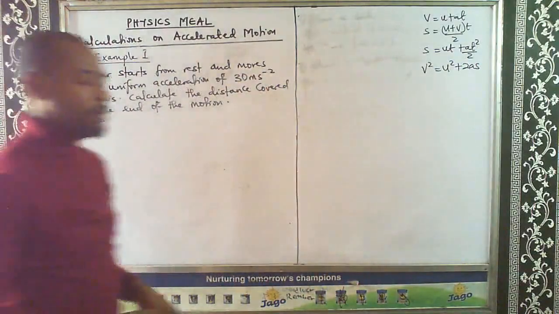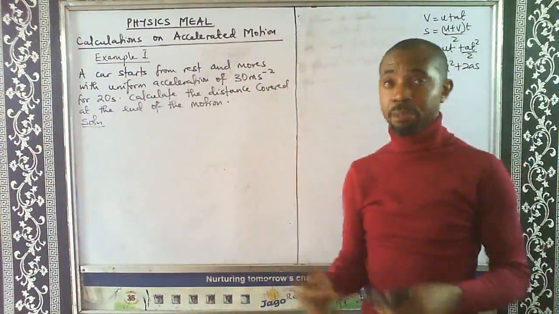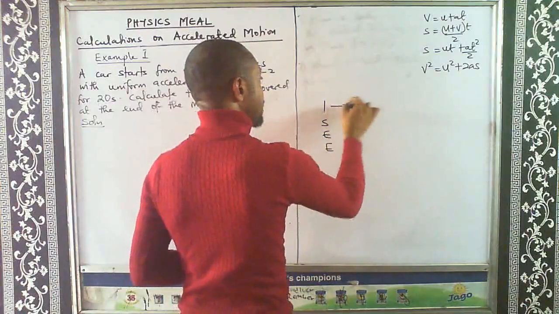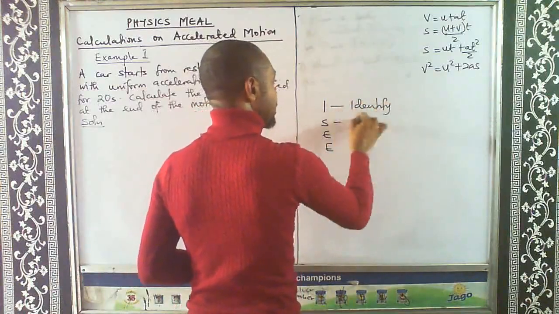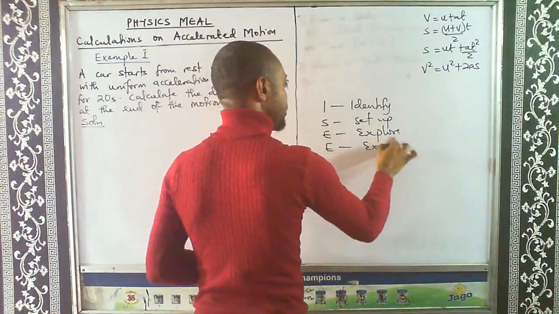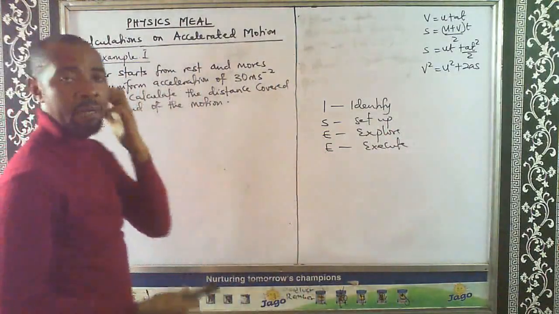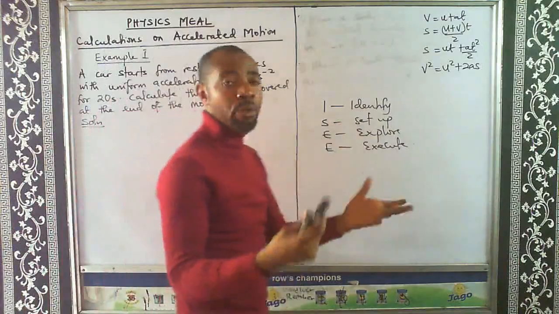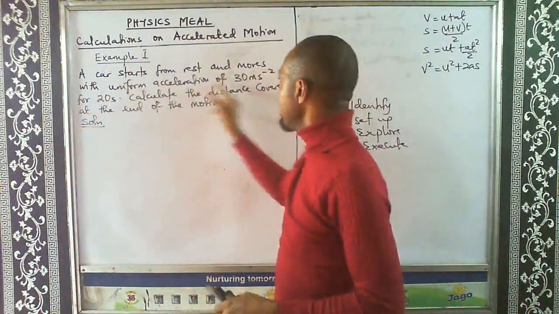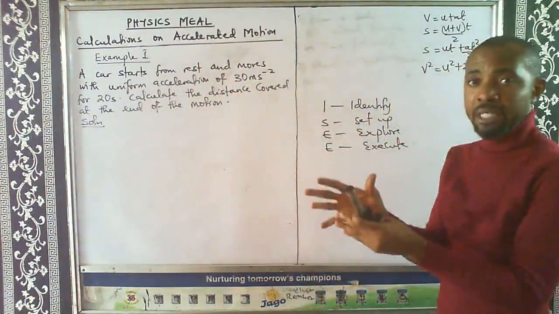Now, I usually talk about the IC principle. Whenever you want to solve a problem in physics, we talk about the IC principle. We say identify, set up, explore, and then execute. You need to identify the values, the variables, the parameters given in the problem. Then you set it up using appropriate symbols. For example, there is a symbol for acceleration, so you need to use that symbol to represent the acceleration.